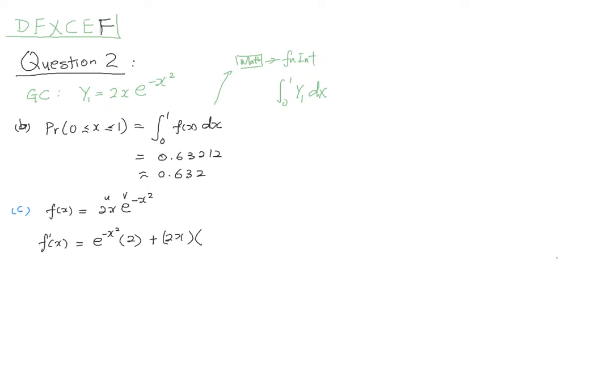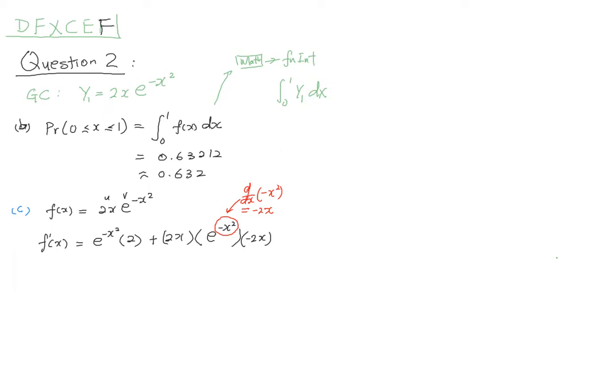How to get V prime? You have to copy down the whole thing and times by the derivative of negative x squared, which is negative 2x. Please, you have to learn all your things.